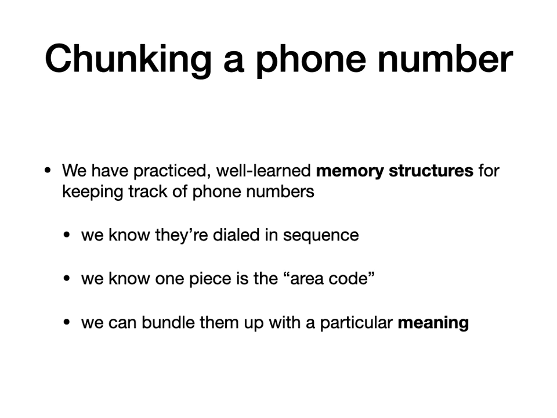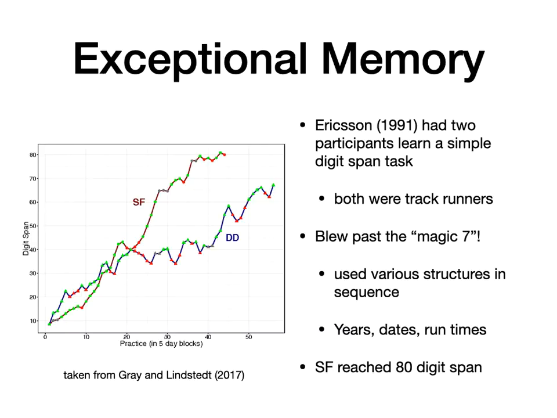Chunking is an interesting phenomenon, and I think it illustrates that there's a difference between data stored and access signals, especially if we look at some exceptional memory. So Anders Ericsson, 1991, two participants learned this same kind of simple digit span task. The interesting thing about them was that they were both track runners, and they blew up the magic number 7 and the previous findings of small channel capacities, because they weren't using the channel anymore.